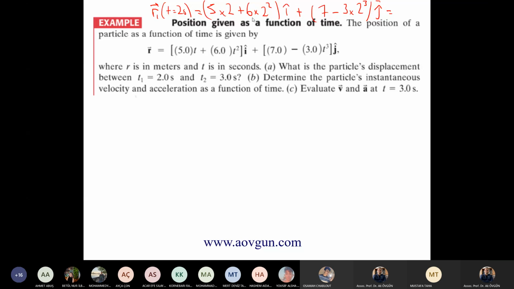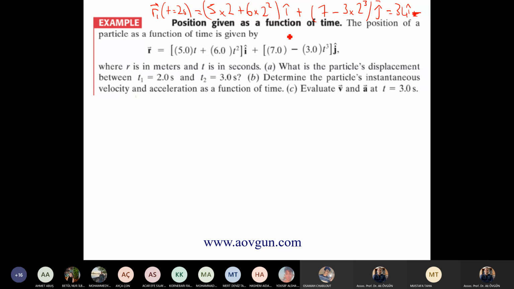Let's use the calculator. So 10 plus 6 times 4 is 34, so 34 i hat, plus, 2 cubed is 8, so 7 minus 3 times 8 is minus 17.